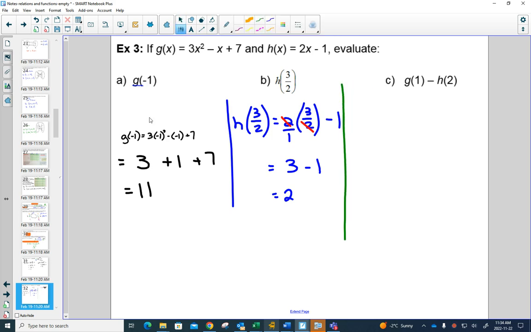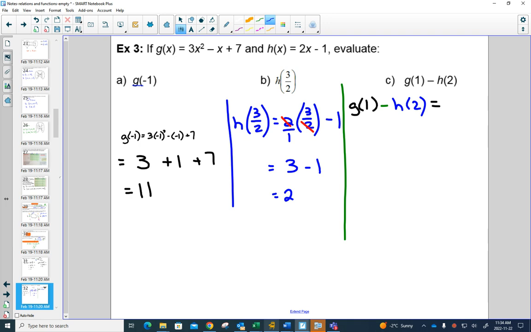If I wanted to do g of 1 minus h of 2, it would equal, well, g of 1. I'm going to color code this for you guys just to help you see it even better. I'm going to put the subtract sign in green and h of 2 in blue so you can follow along as we're going. Okay?